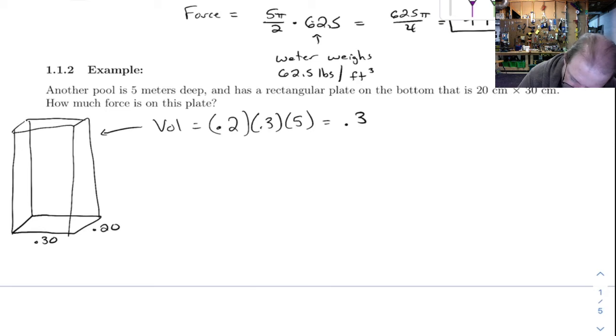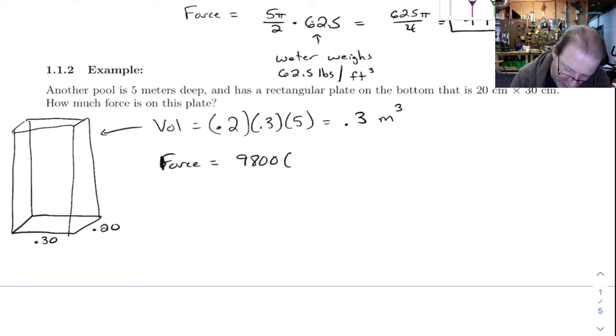0.3 cubic meters of water above it. And now we have to convert that from cubic meters into newtons. So you multiply by 9,800. So force is 9,800 times 0.3, which is 2,940 newtons.